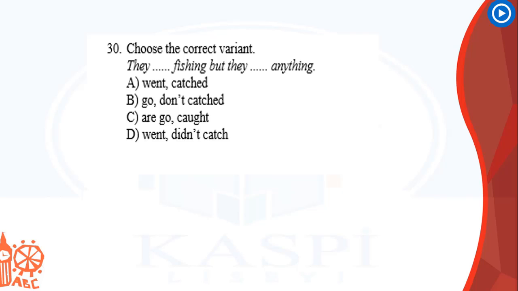And are and go are in the present simple, but could is in the past. So, in one sentence, present simple and past simple verbs cannot be used together. So that's why the answer is D.